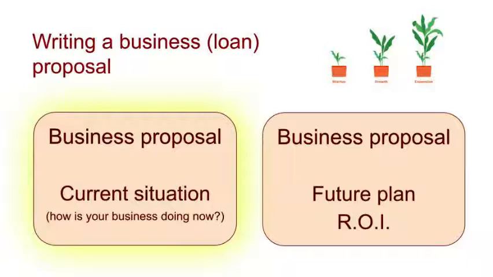Because if you want a loan from somebody, you need to convince them that you have a reasonable business. And then we're going to, in a future lesson, look at how we describe our future business plan and our ROI, which stands for the return on investment.